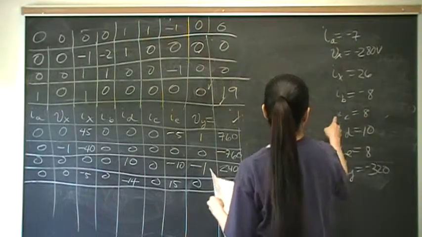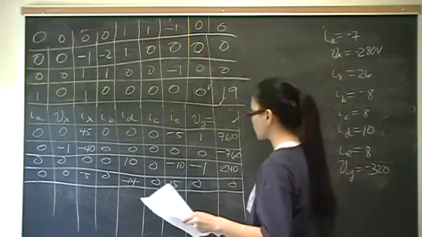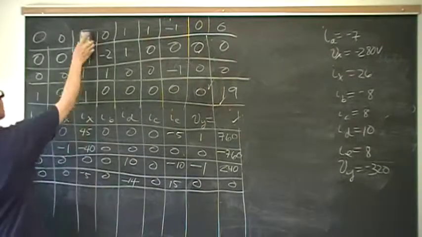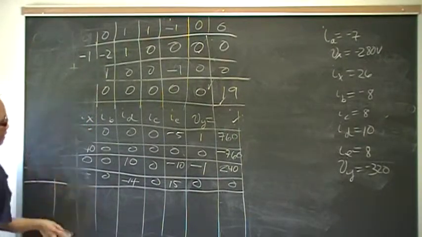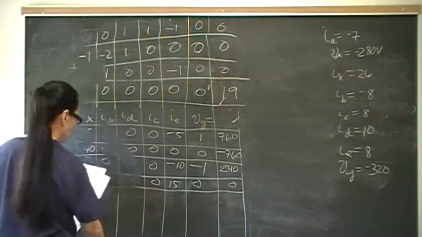So 1, 2, 3, 4, 5, 6, 7, 8. So that's the answer to this big ugly matrix. So the answer for part A is IA, IB, IC, ID, IE as posted.